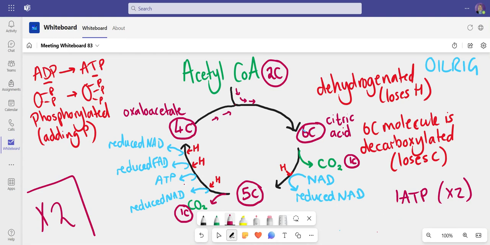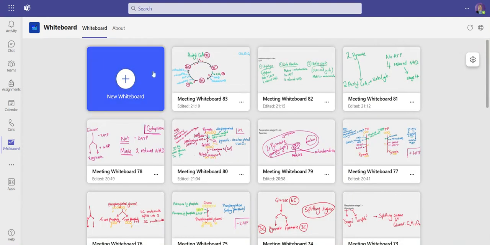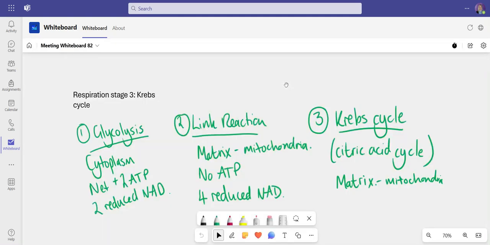It makes 3 reduced NADs, I'll just put red NAD to save space, and 1 reduced FAD. But remember they're times 2 again. So the total, if we go back to our summary that we had at the start where we were doing the additions of each one.